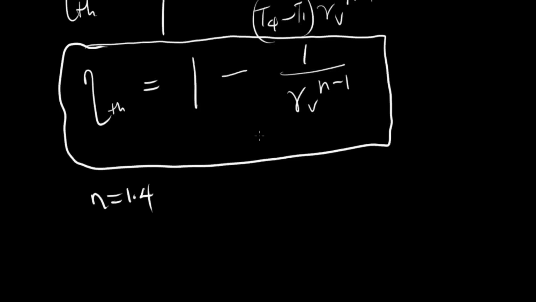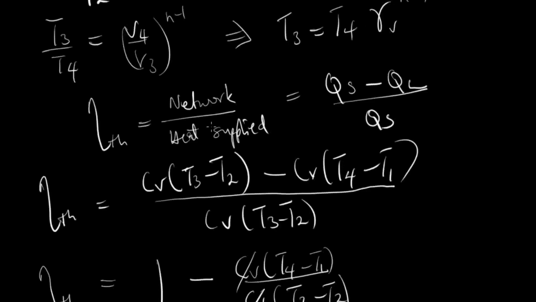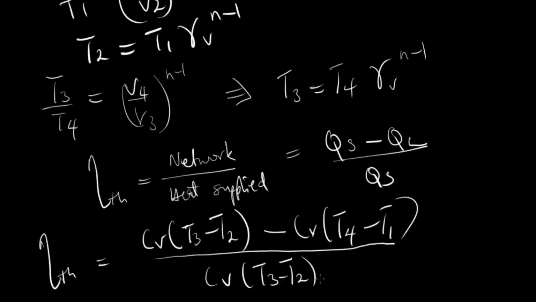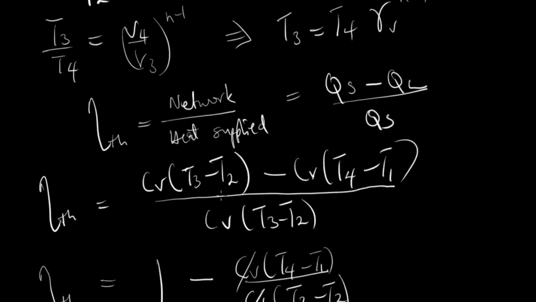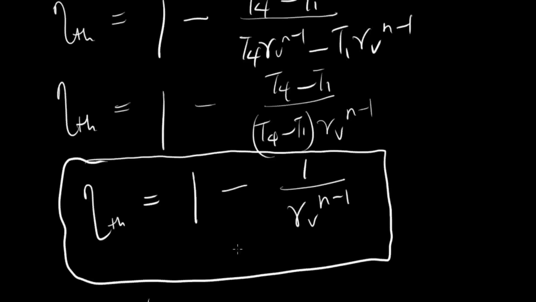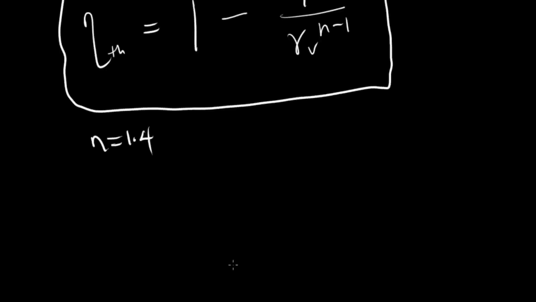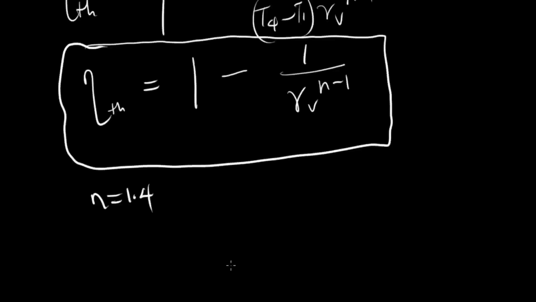In that kind of situation, this formula is not applicable. Rather, you go straight to net work over heat supplied, and then you get your answer. Now having said this, let's take an example of that same question and see how it goes.